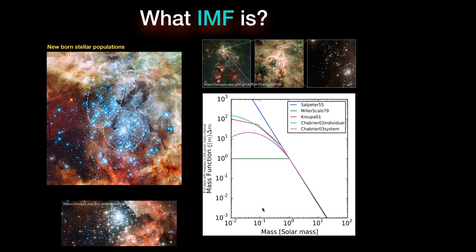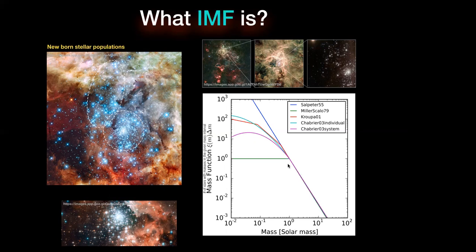Observations have suggested that high mass stars are low in number. Over here you find the number of stars, and along the x-axis you have the masses of the stars. Whenever a newborn stellar population is observed, we find that high mass stars are relatively low in number, and when you move towards low mass stars, the numbers start increasing.